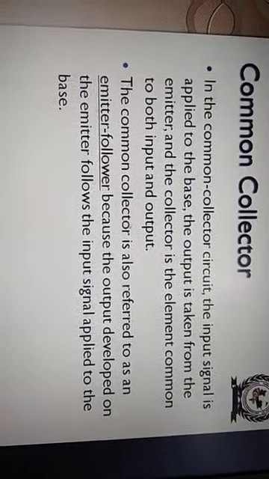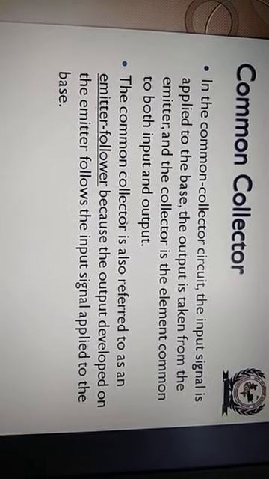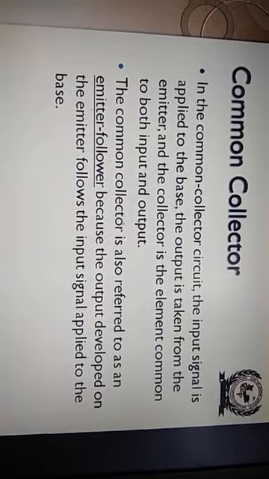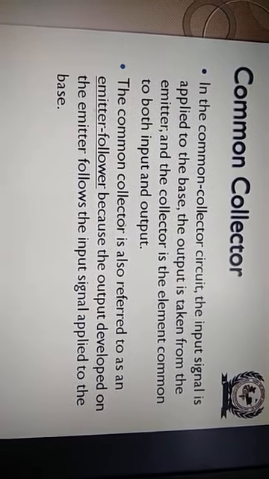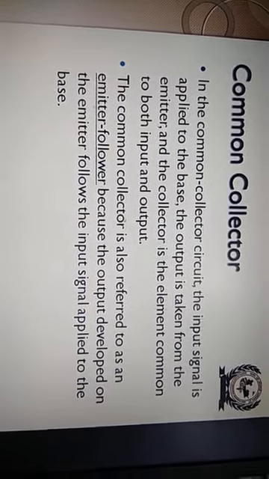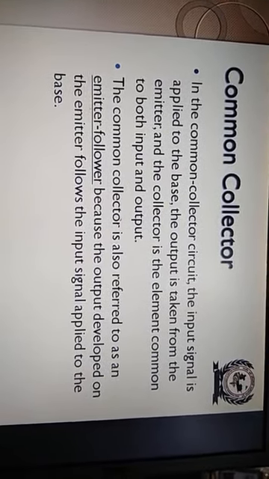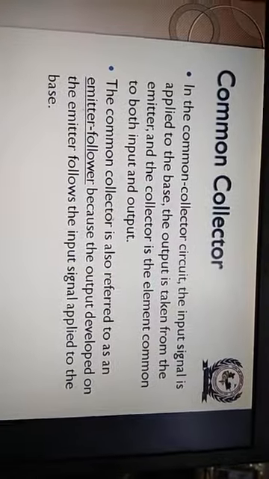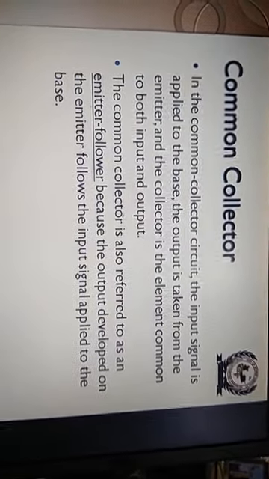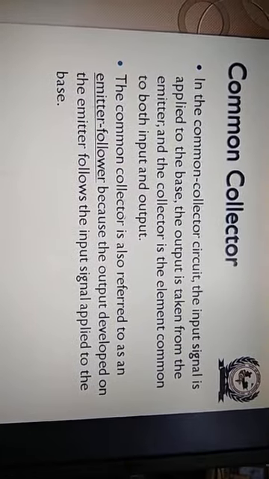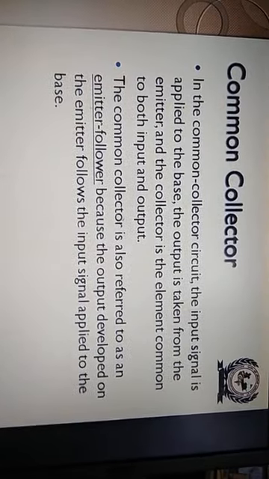The common collector is also referred to as an emitter follower because the output developed on the emitter follows the input signal applied to the base. This is called as common collector. It is also known as emitter follower because output is taken from the emitter which follows the input.